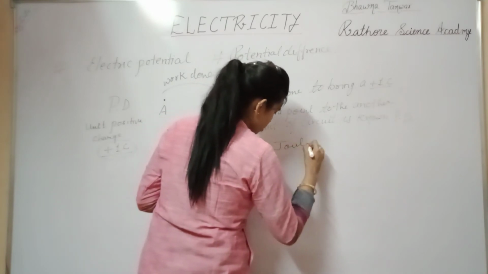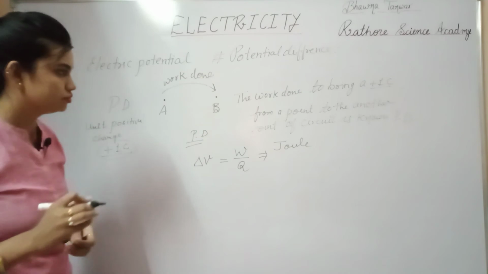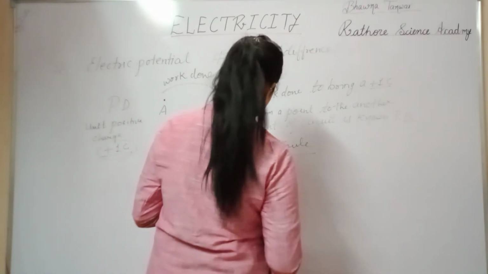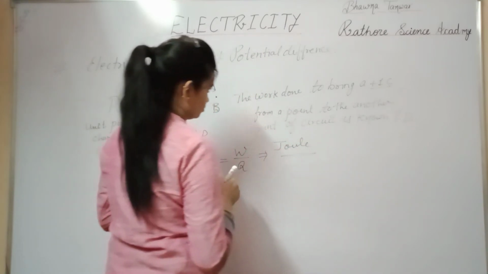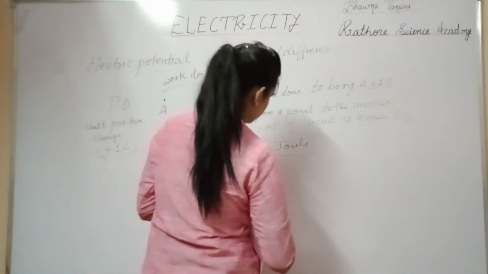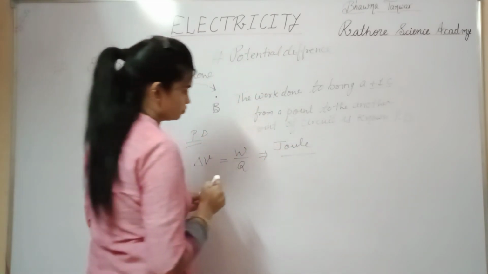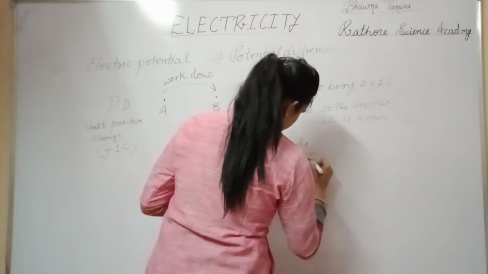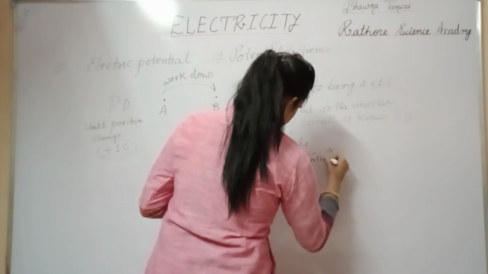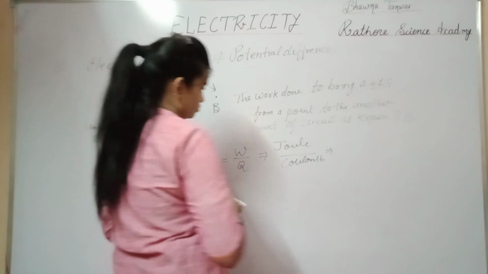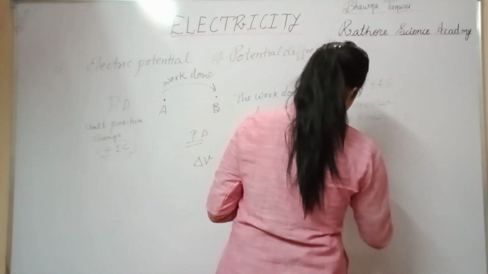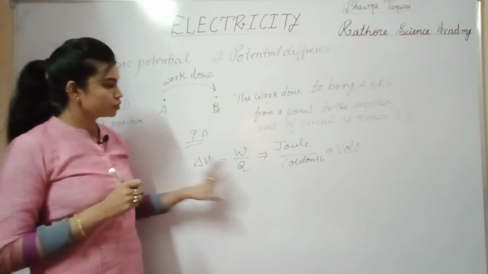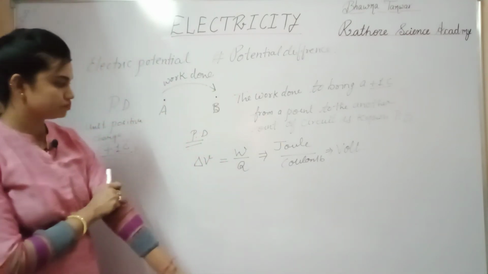Joule. Unit of charge is coulomb. So the unit of potential difference is volt.